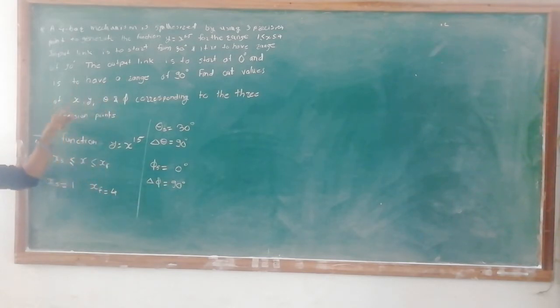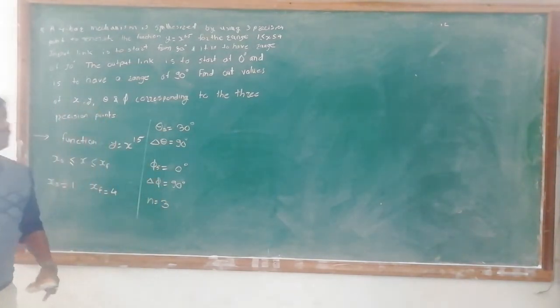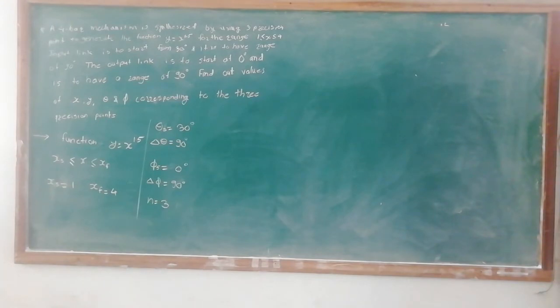Find the values of x, y, theta and phi corresponding to the 3 precision points. Precision points given is 3, so n is equal to 3. This is the given data. The function is y is equal to x raised to 1.5.